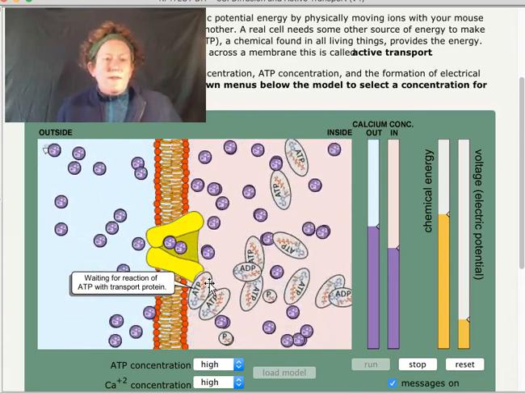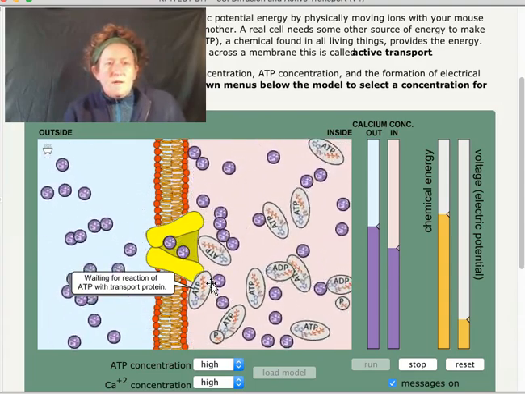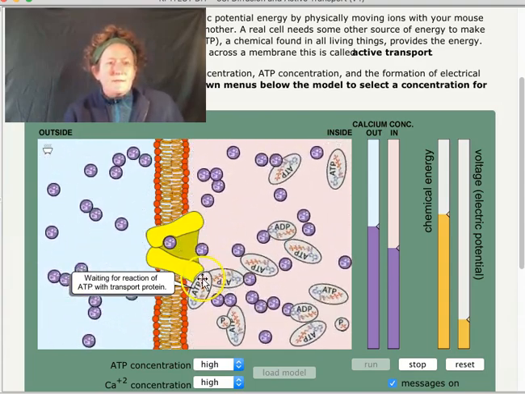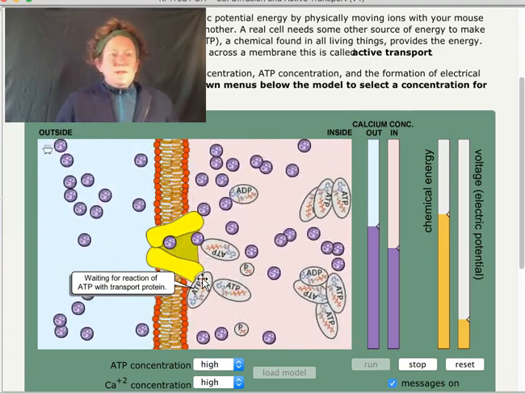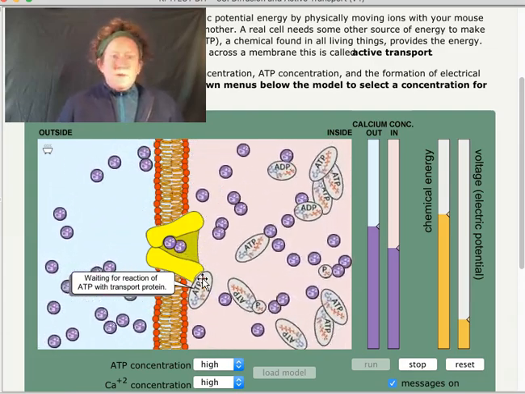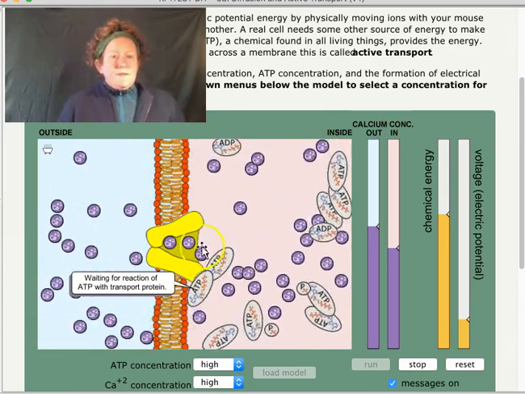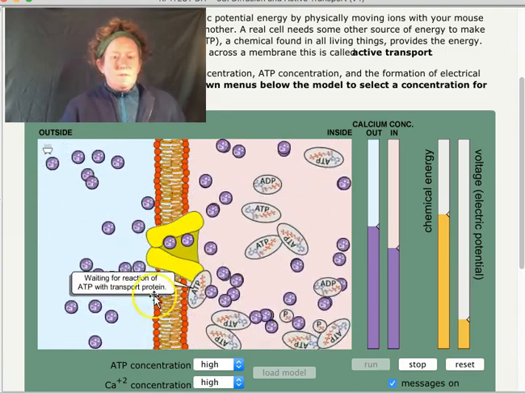But only with energy does calcium cross the cell membrane. It needs some help, it needs to use energy. So it's different than diffusion, osmosis, and facilitated transport that don't use energy. Active transport has to use energy, like this calcium channel here.